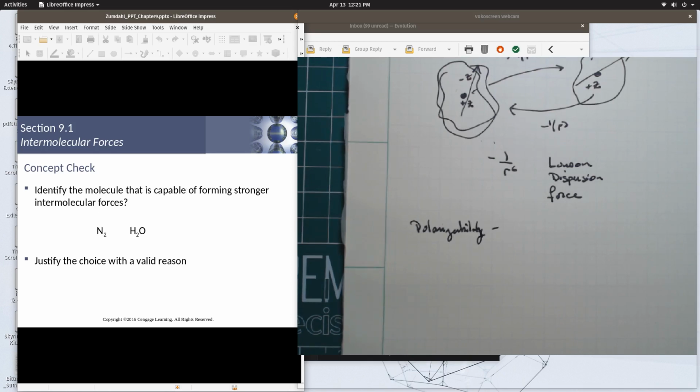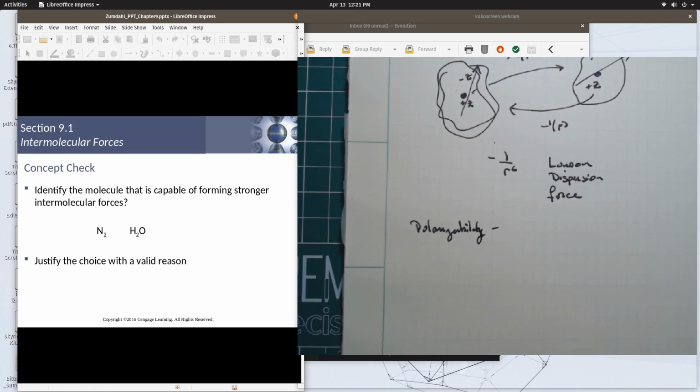Okay, so a quick check. Which of these are going to form stronger intermolecular forces? So nitrogen versus water. Let's say we have nitrogen at 1 atmosphere pressure and 300 degrees Kelvin, and water at 1 atmosphere and 300 degrees Kelvin.